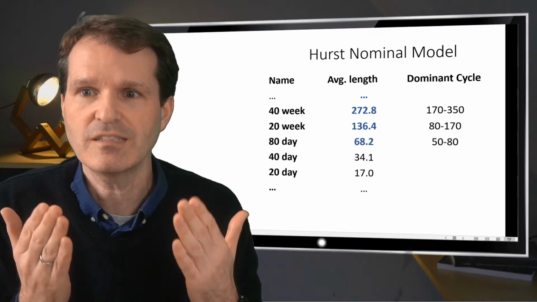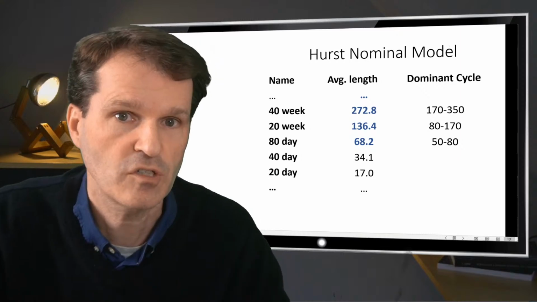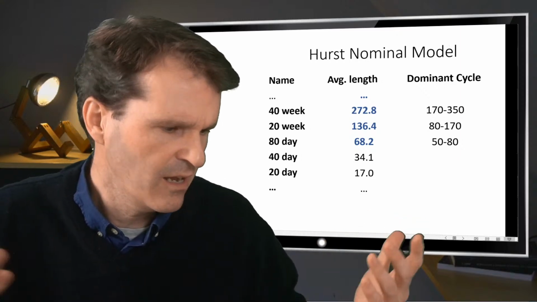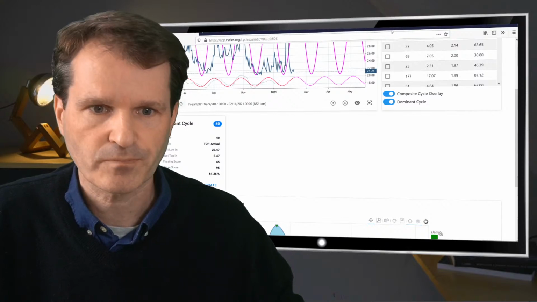And then we could say this is the nominal cycle of 80 days, which would get into the Hurst method afterwards. So let me try to show you how to do this with a cycle analyzer you have.